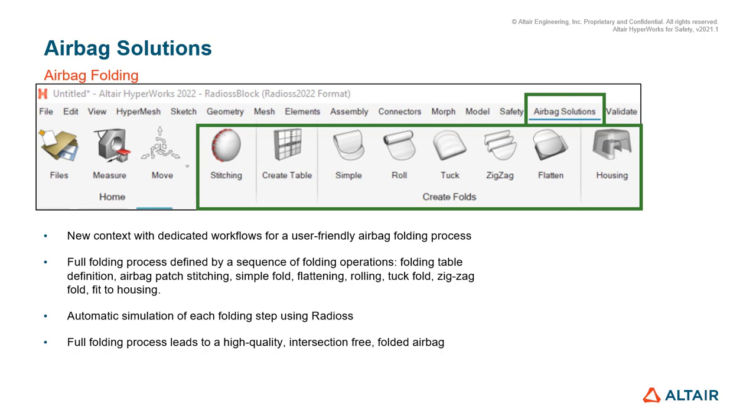Every step is automatic and it is going to write you an input deck for that specific step. You have to run that step and use it as an input for the next step. So it is going to be an automatic process, and since it is run by the solver, it is an intersection free, folded airbag.